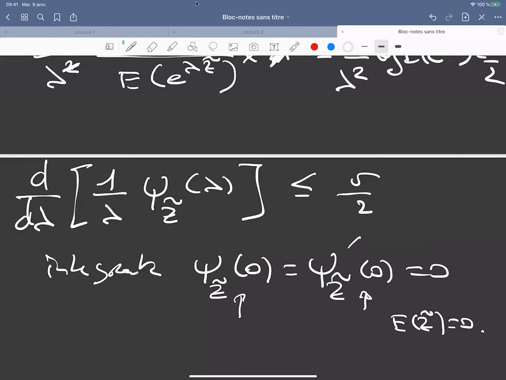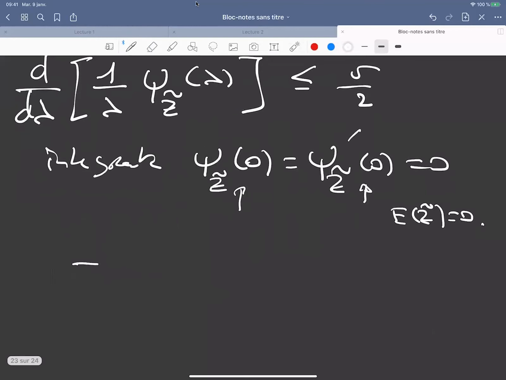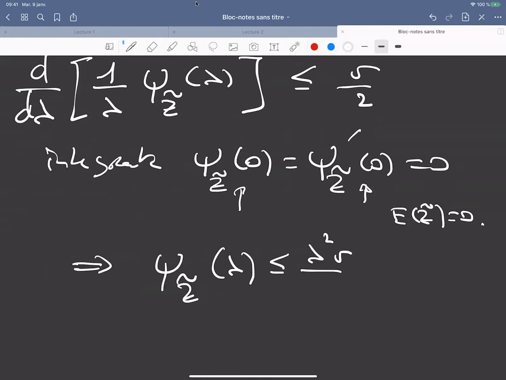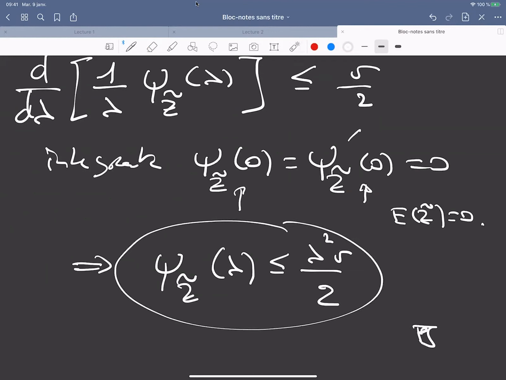And of course, this gives you at the end of the day that the log of the moment generating function of Z tilde is less than lambda square V over 2. And this is what we wanted.